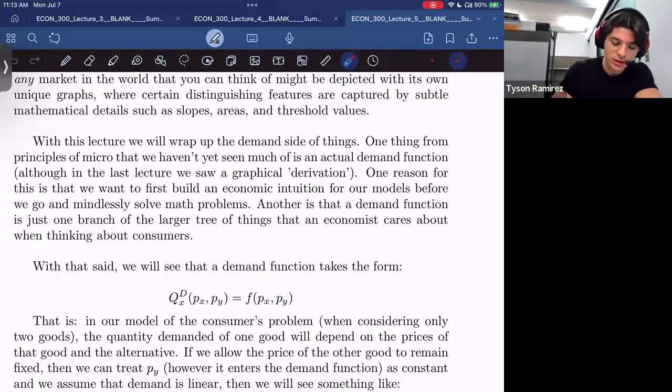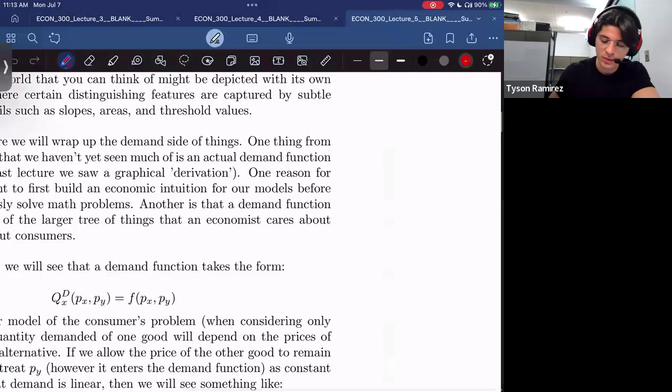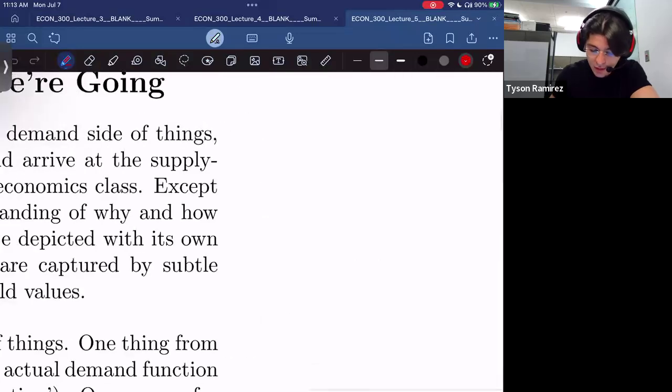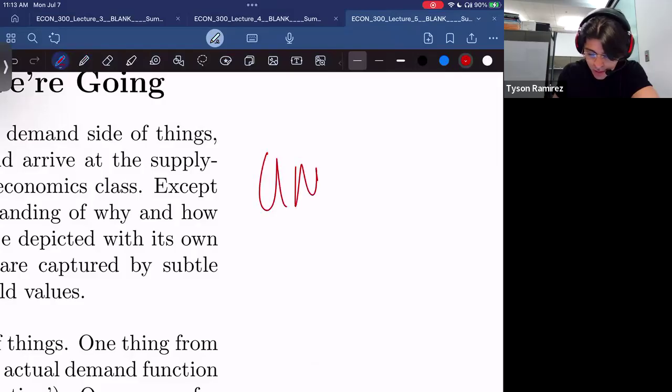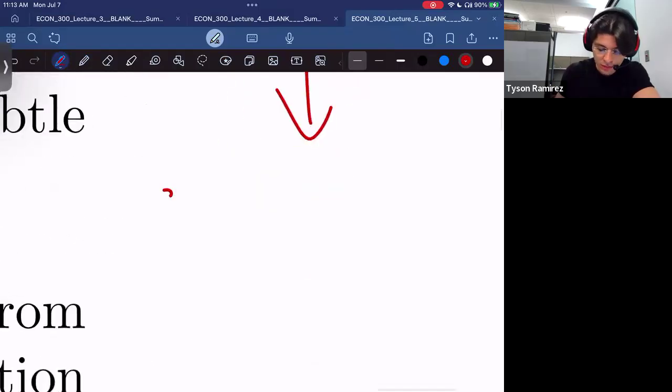The way this works, let me give a little idea here. From the consumer's problem, which we refer to as the utility maximization problem, you're going to get a solution. All right.